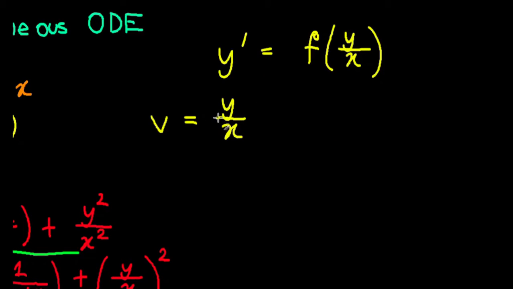Now this has quite a few implications. My goal here is to eliminate y from everywhere in this differential equation. So for that, I'm going to express y in terms of v and x. So y is going to be x into v. So what does this imply?